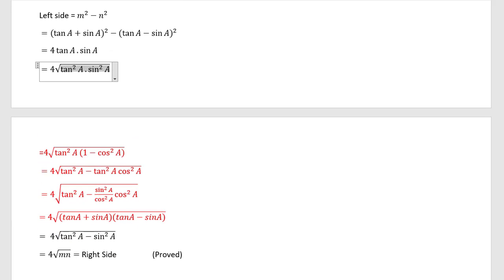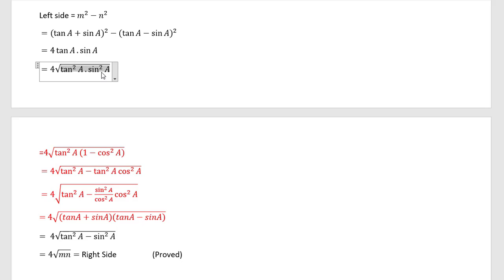Now we will take the opposite technique we have used in our solution of a. Here we have got two terms multiplied, tan square a into sin square a.